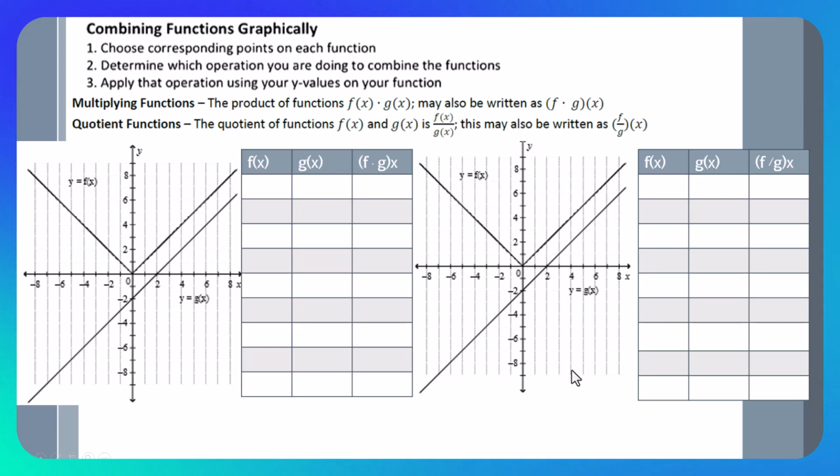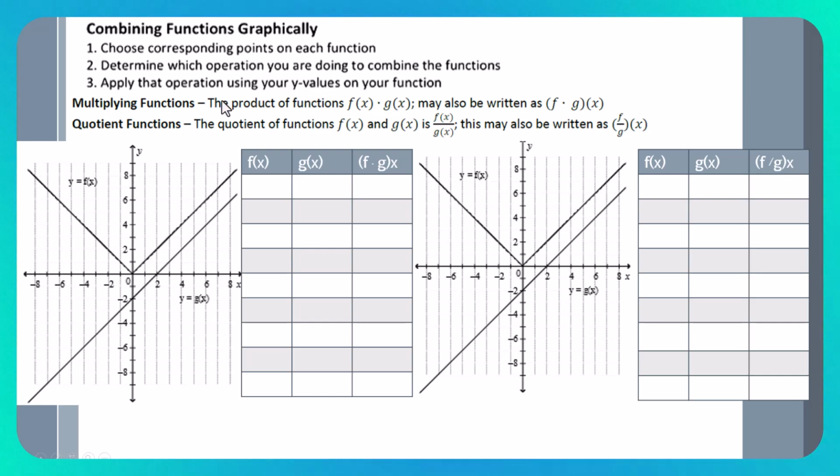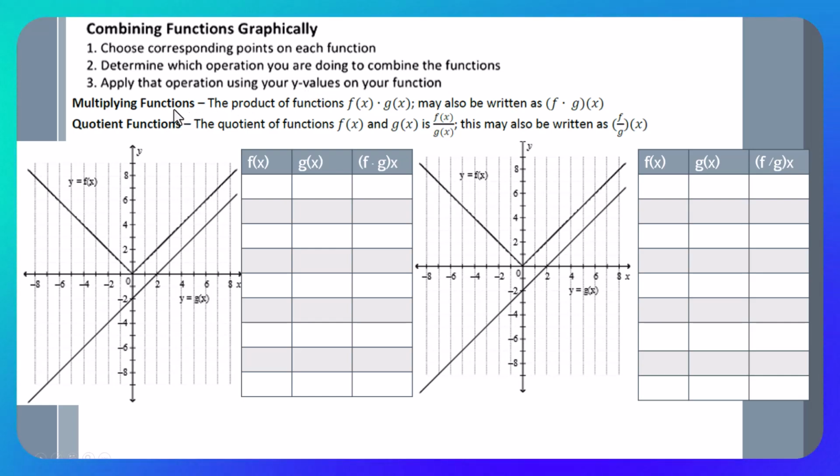Now we're going to move on. So we're going to be using the same 3 rules. Choose corresponding points on either function. So we're going to correspond the x part of the coordinate, the x value, and then determine the operation that we're doing to combine the y values. We're only operating on the y values. This time we're going to be looking at multiplication and division.